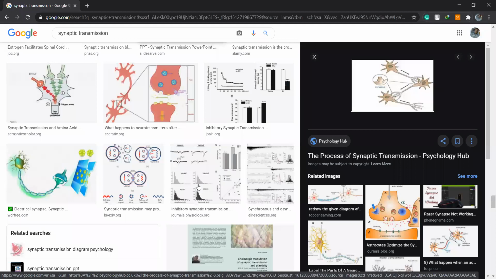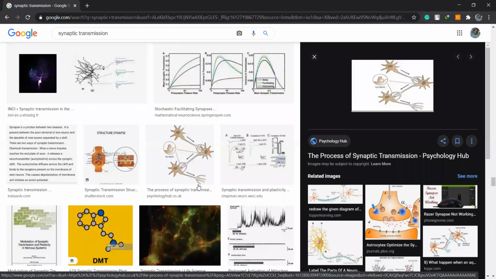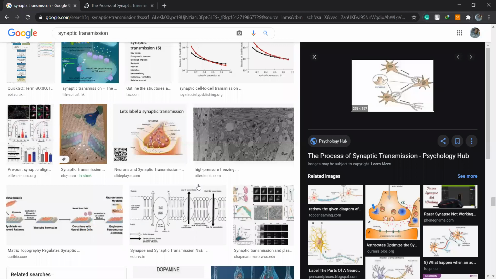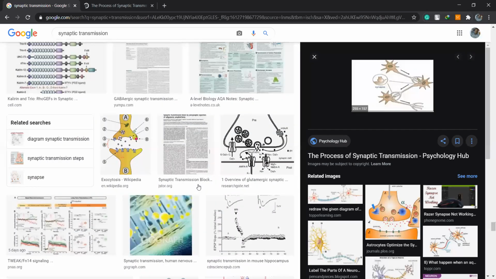I'm struggling to get the image that I want.